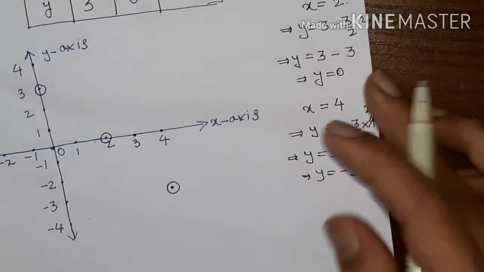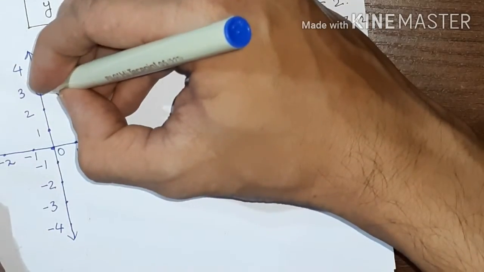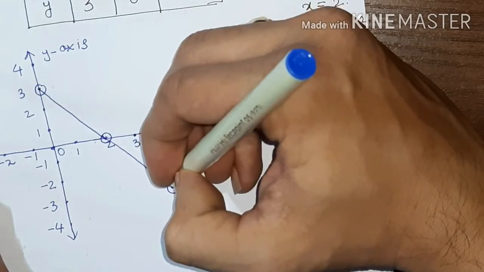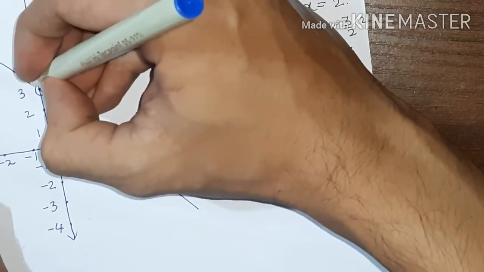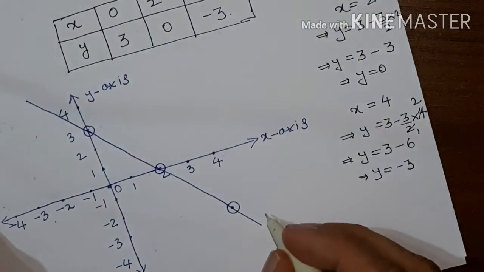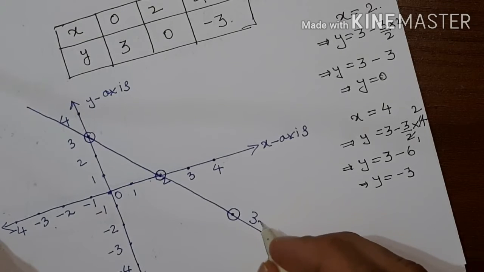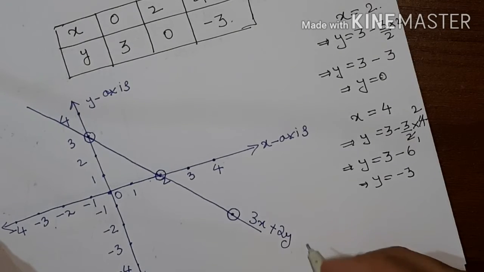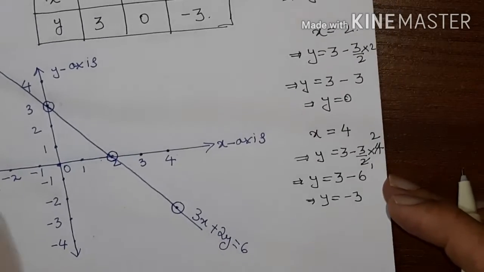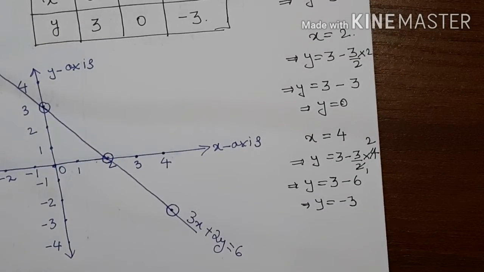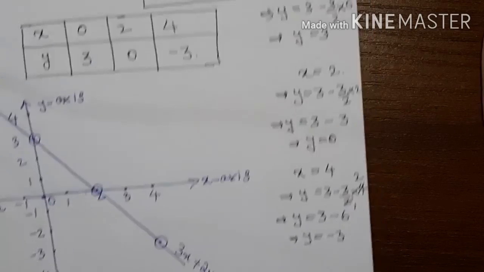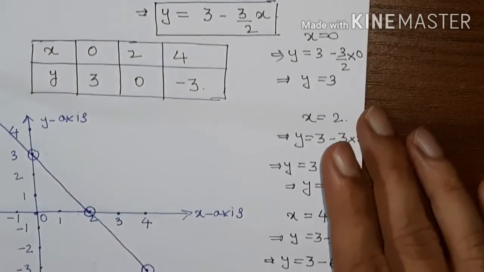Okay, so you get this line, right? You name the line 3x plus 2y equal to 6. So this is what you will get. Now you have to find the solution region here.